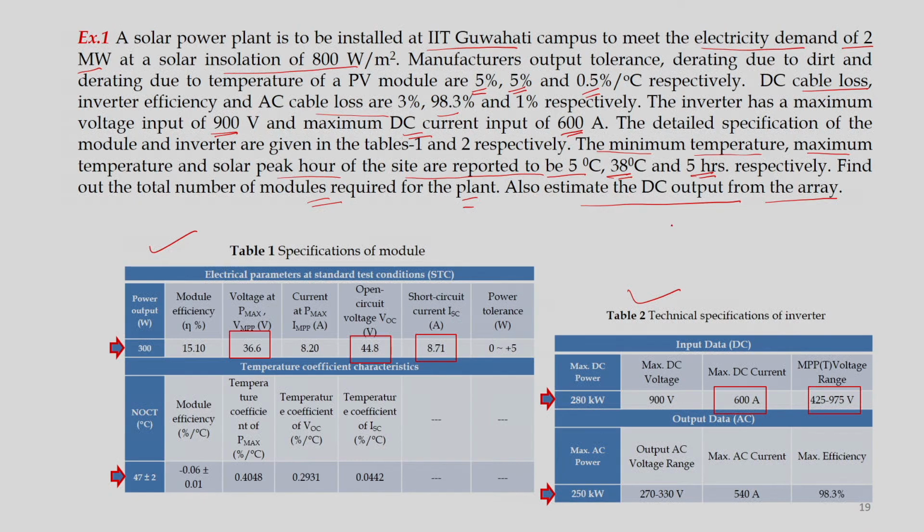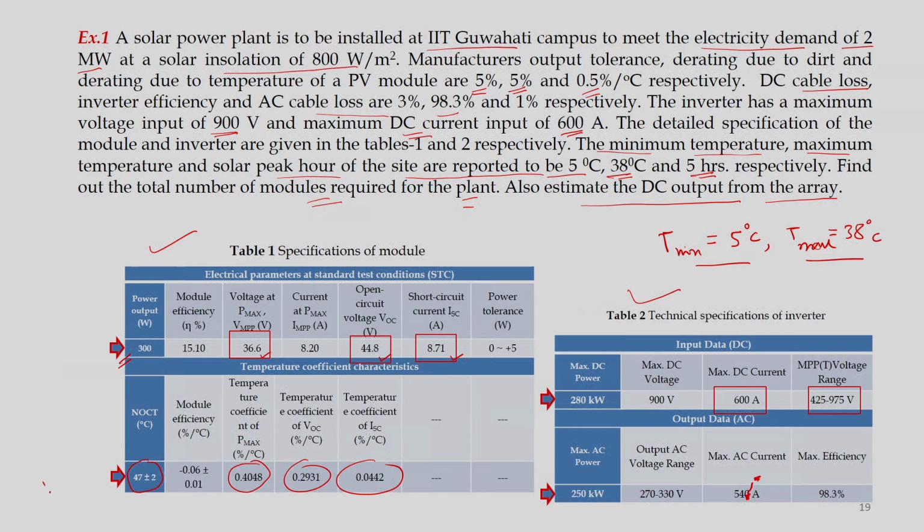So, this is T minimum, given as 5 degrees C, and T max is given as 38 degree C. The power rating is 300 watt peak, and voltage at P max is 36.6. These values are going to be used, and open circuit voltage is 48.8, short circuit current is 8.71, and these values are also required, and NOCT is 47.